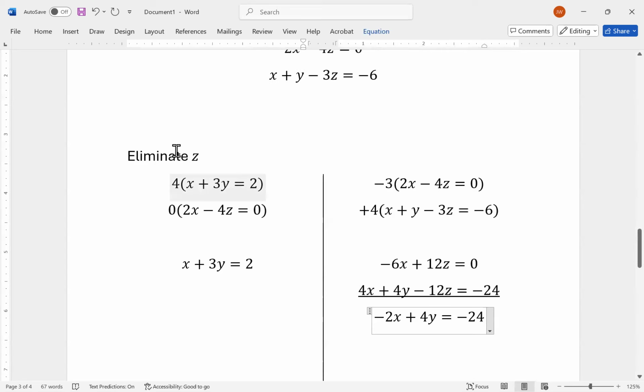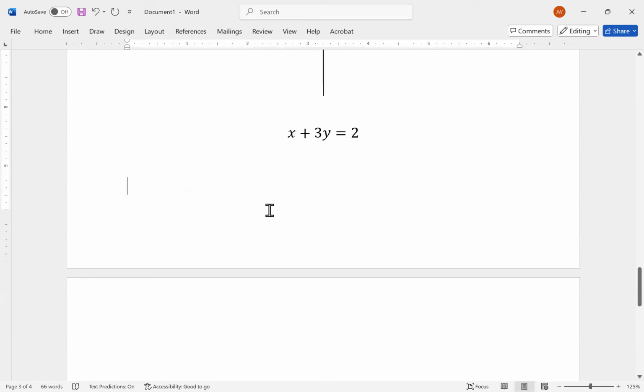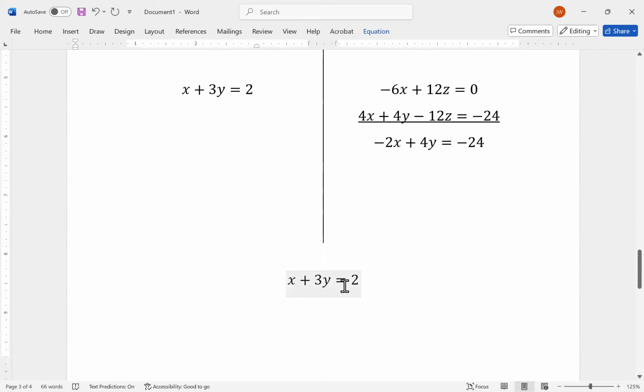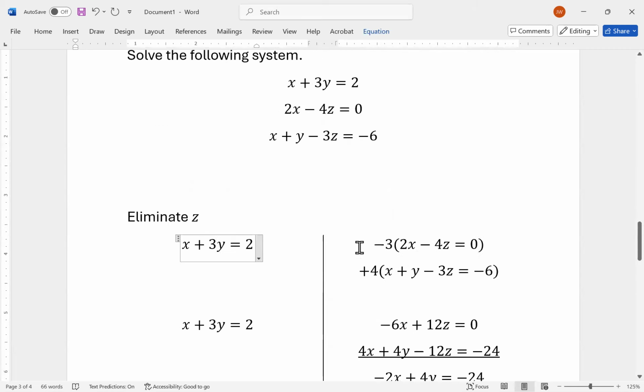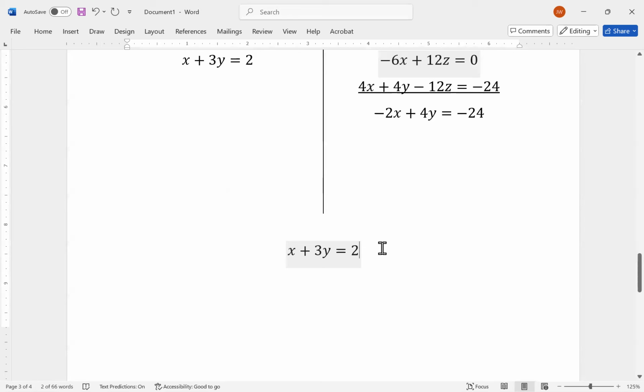Now, usually I don't do this process here on the first pair. I just state that, well, since the first equation doesn't have a y value, we'll just use that first equation as one of them and then eliminate the z value in this second pair. So that's typically what we do.